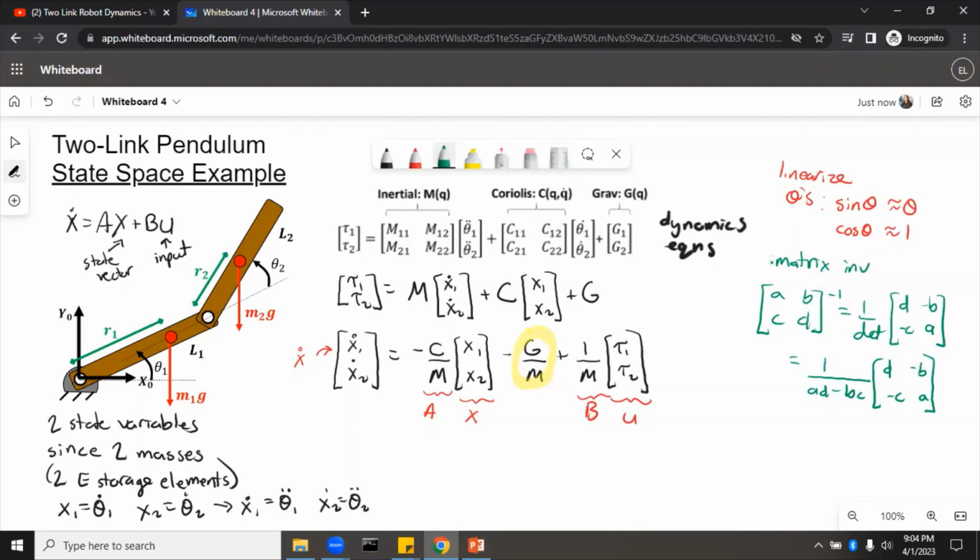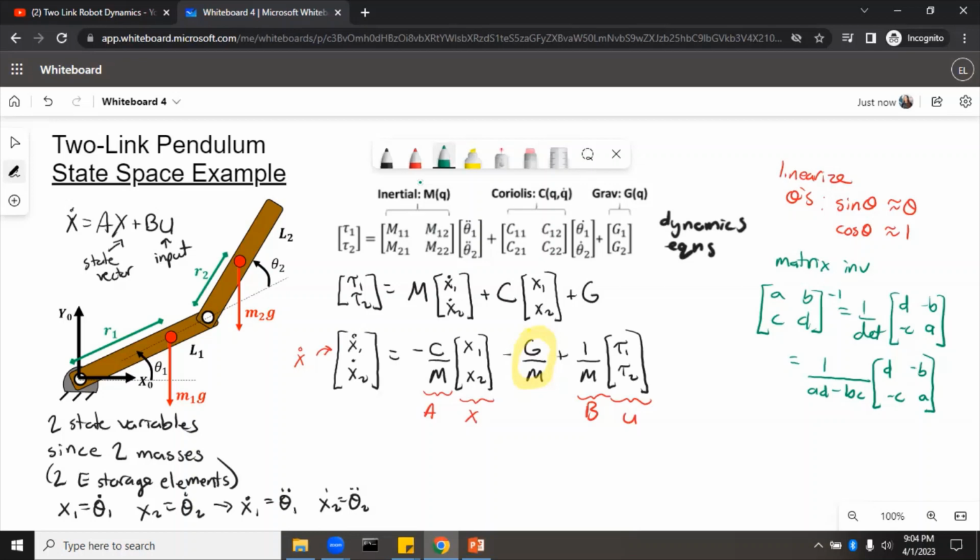So the matrix inverse is going to be the same size as the original matrix, so 2 by 2. And so you can't just divide a matrix, you have to actually multiply by the inverse.